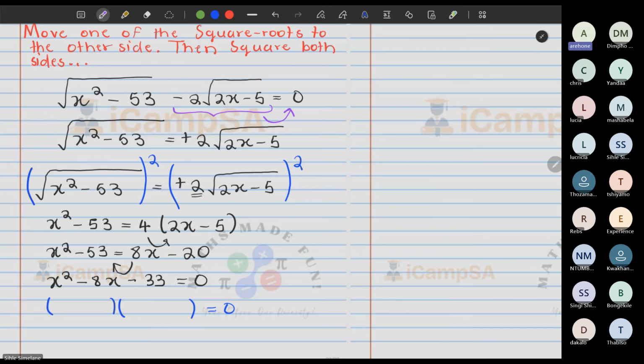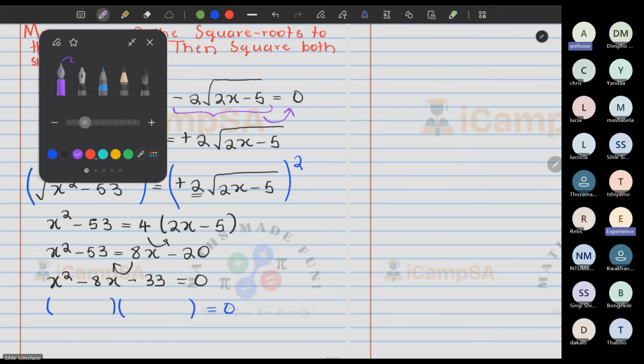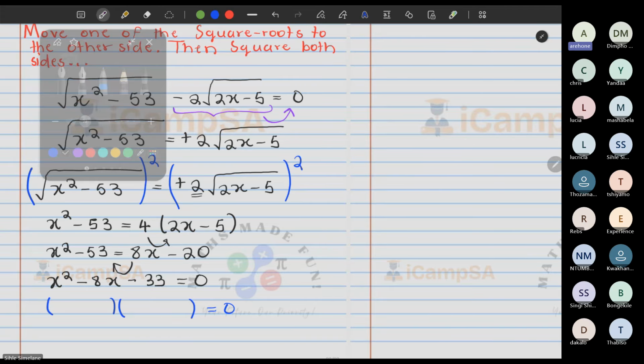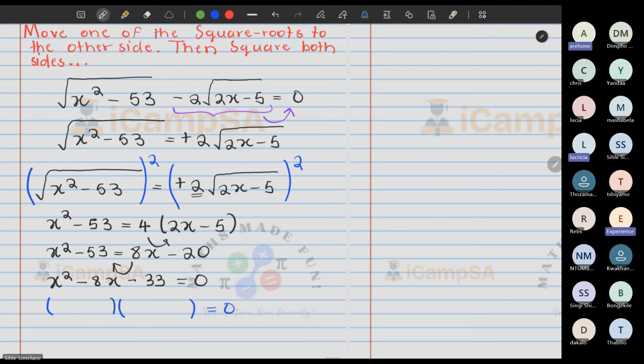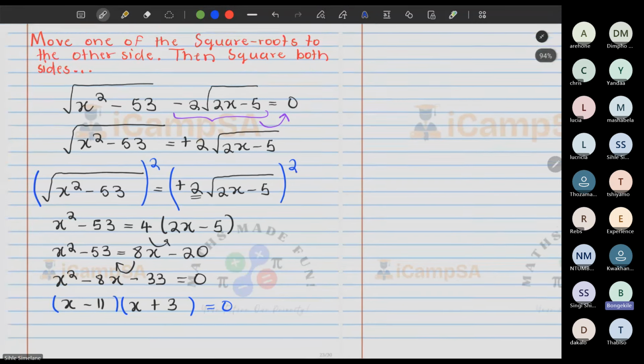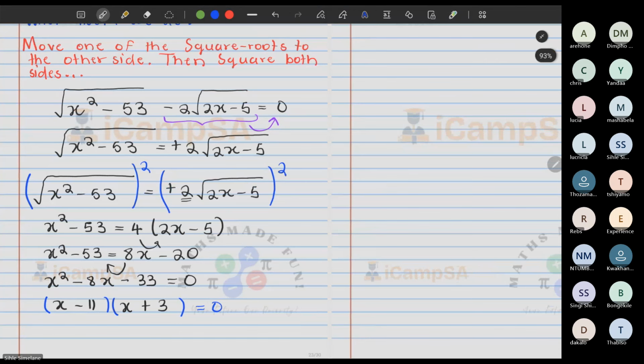It is going to be what, guys? x minus 11 and x plus 3. So x squared minus 8x minus 33 equals x minus 11 into x plus 3.